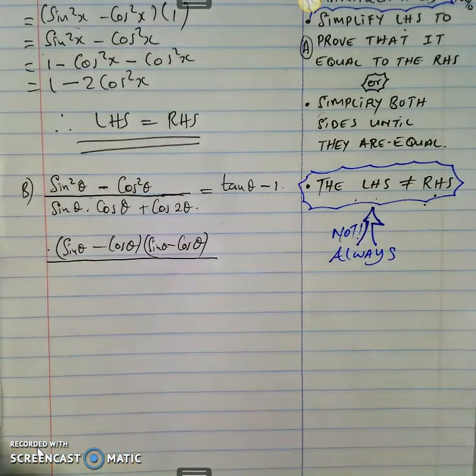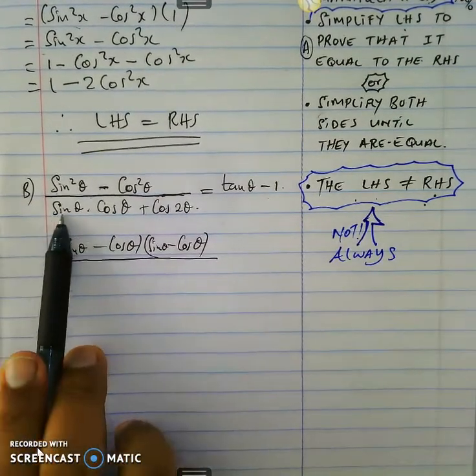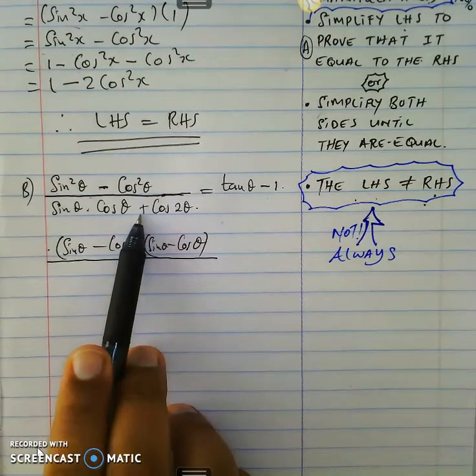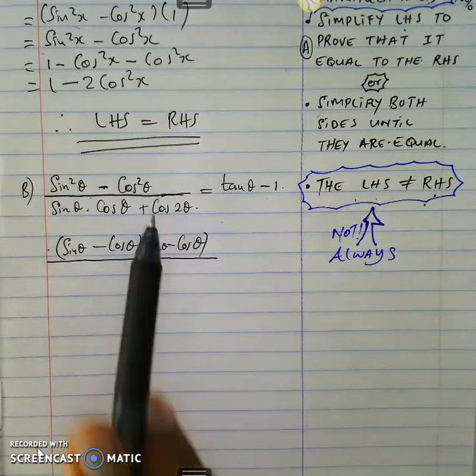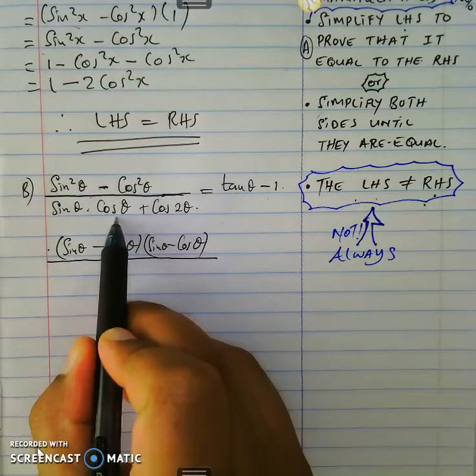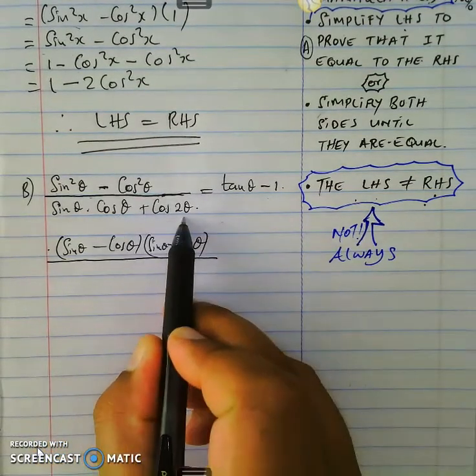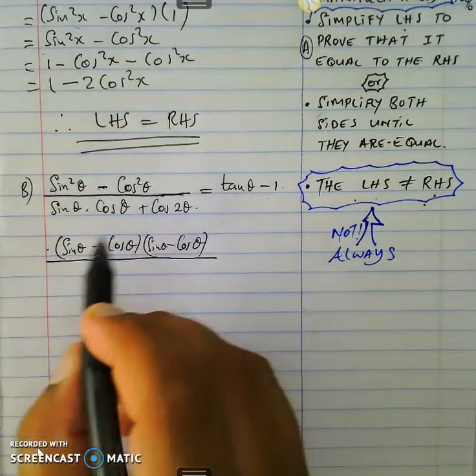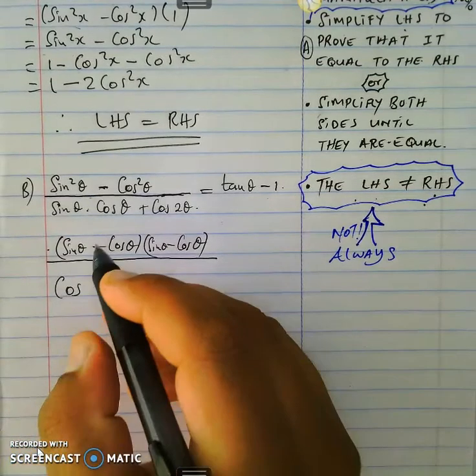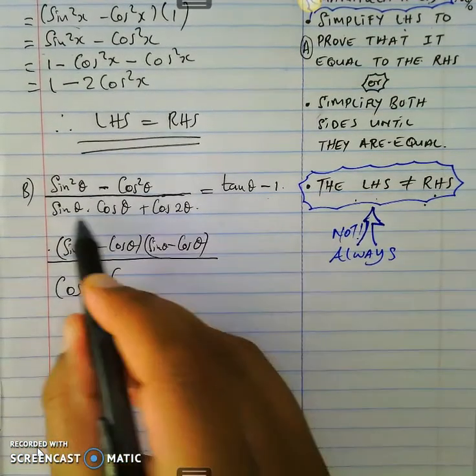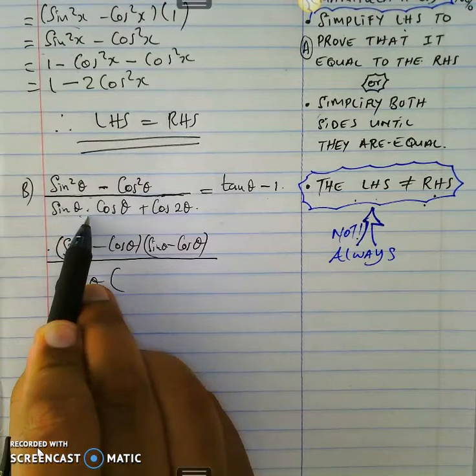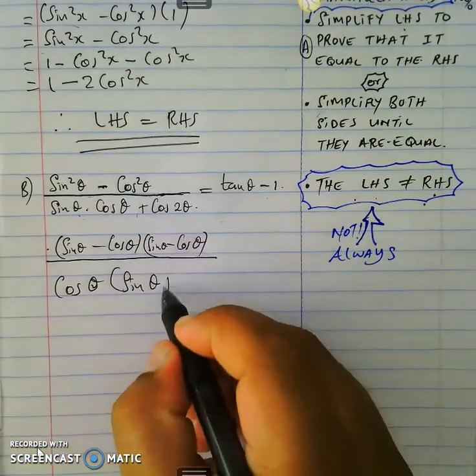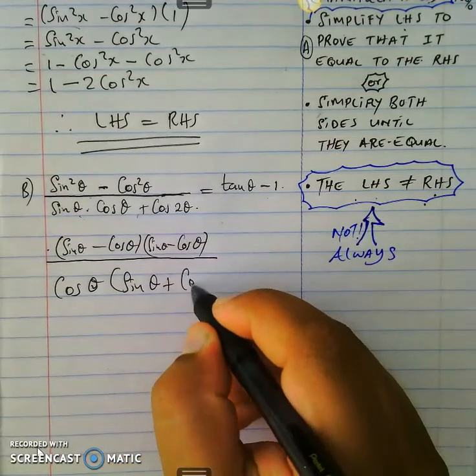by, now again learners, before we continue, let's see if there's any algebra in there. There's a sign, and we know when we work with the positive and the negative, we should always look out for common factors. I can see there's a cos theta, and there are two of them. So what I'm going to do now, learners, is I'm going to take out one on each side as my common factor. So I'm going to say cos theta. I'm left here on the left hand side with sine theta, so I put that in my bracket, plus I'm left with one of those there, so it's cos theta.